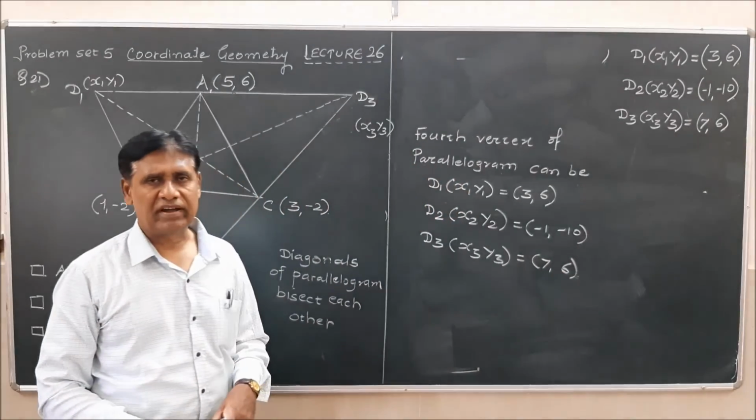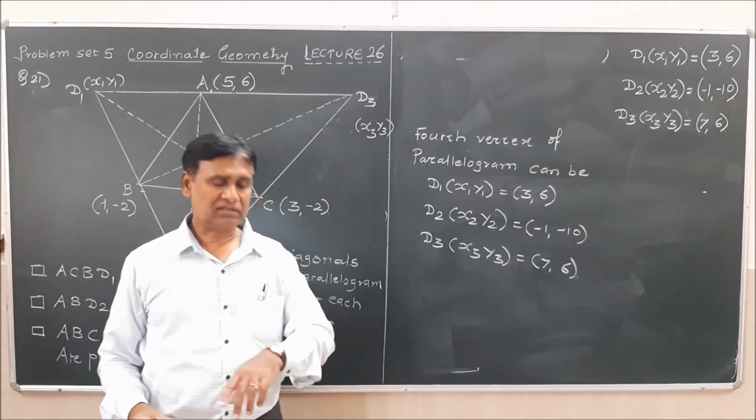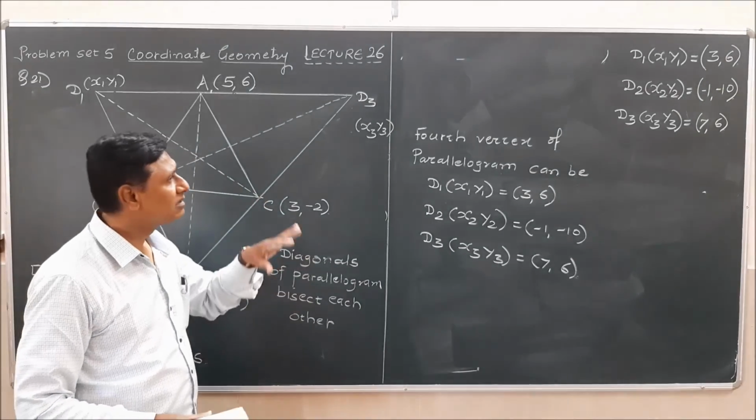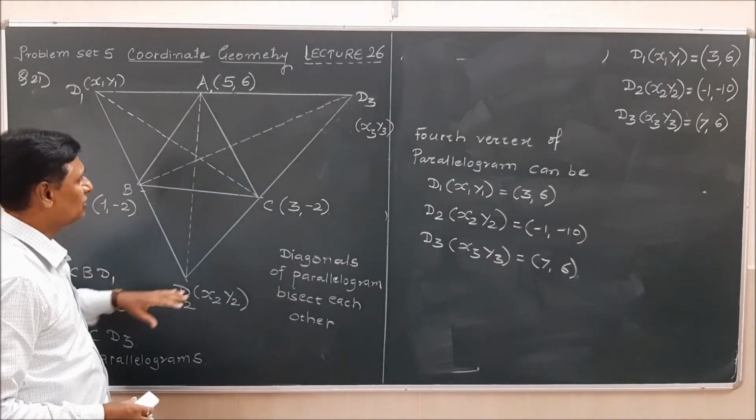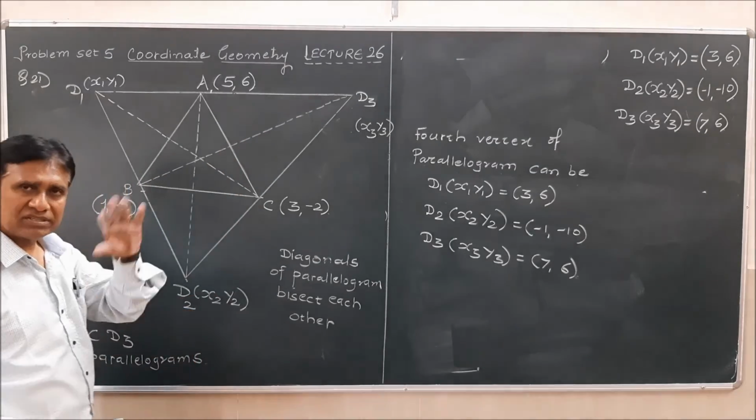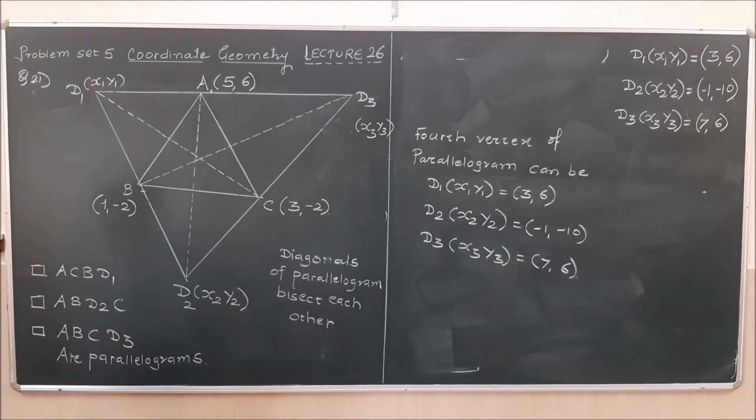So this is how we have got the three possibilities of D1, D2 and D3. Please look at this sum carefully.